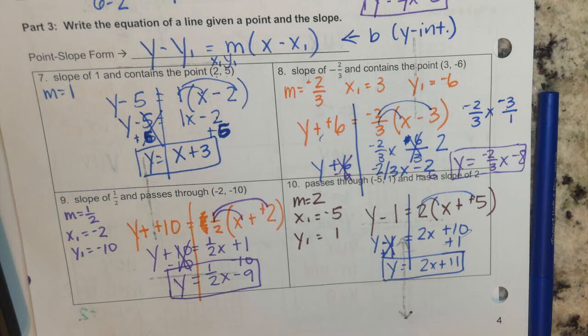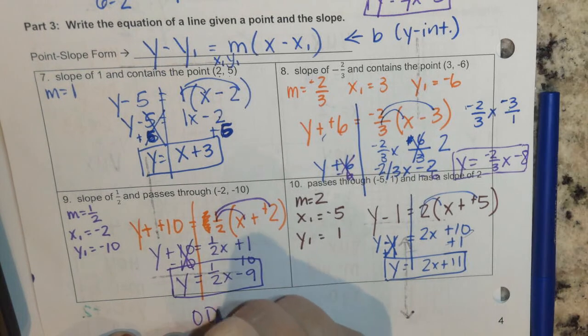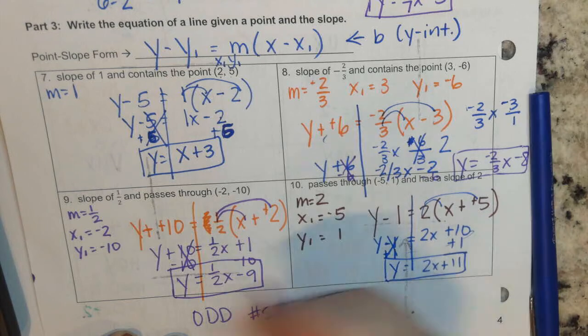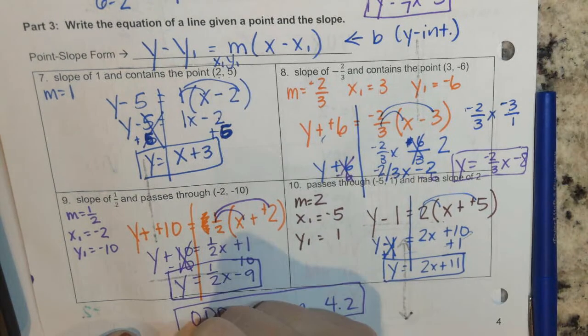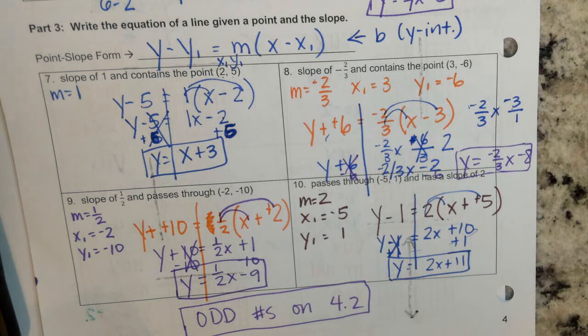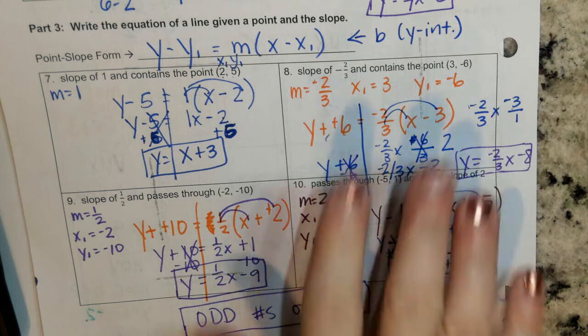And I want you guys to do the odd numbers on 4.2. And you need to do that now. You're going to actually write it in class. You're not going to actually do it on Cami unless you're at home. Because I want you to turn it in. I want you to write it. I think some of you have been asking if you could do that instead. So that's what you're going to do on your notes.